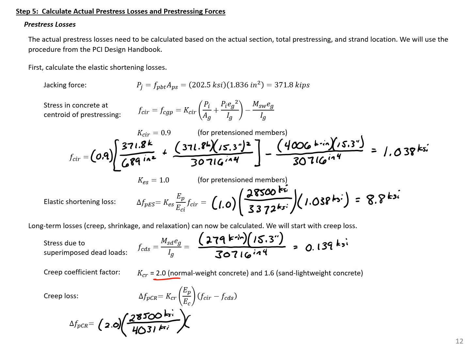And then this is times our 1.038 minus 0.139. And we'll get a creep loss here equal to 12.7 KSI. So we have our creep and our elastic shortening loss.